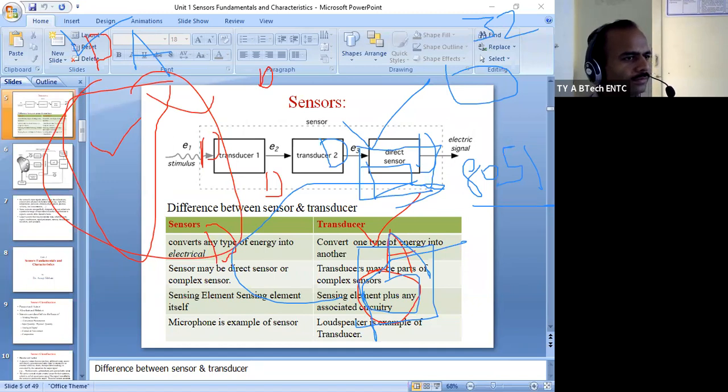Don't know. 8 data lines are there. RS, RW, enable, again 3 lines. So 8 plus 3, 11 digital output lines are required to interface an LCD display with 8051.